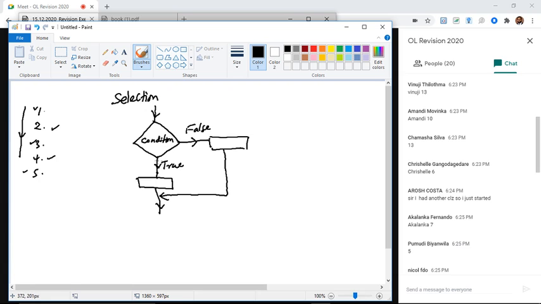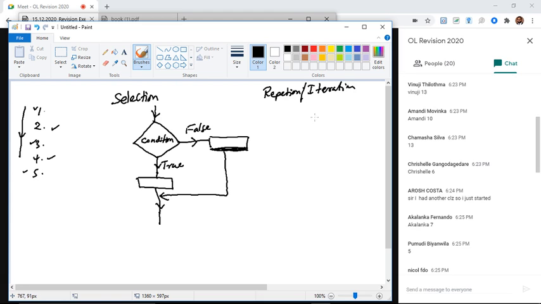Selection. If the condition satisfied, you will have to do one set of instructions. If the condition false, then you have to do another set of instruction. It can be one or more than that. Okay. Then you are connecting with the flowchart. Then you are having repetition or iteration.